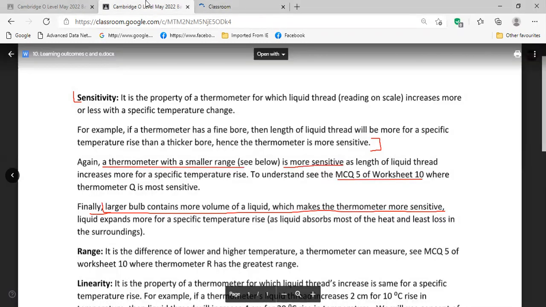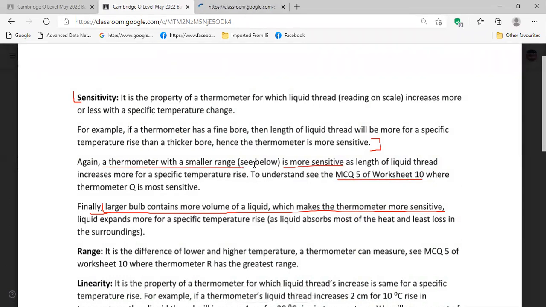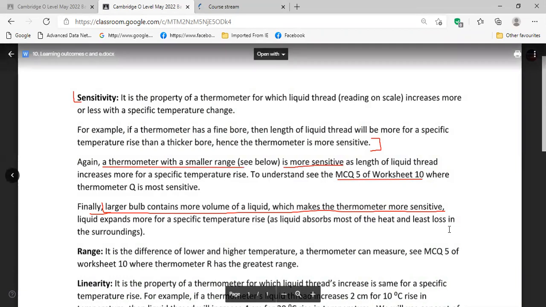Have you written? A thermometer with a smaller range is more sensitive. Have you written? Yes, sir. Okay. Monica, please send this part also in our group, the sensitivity part only.